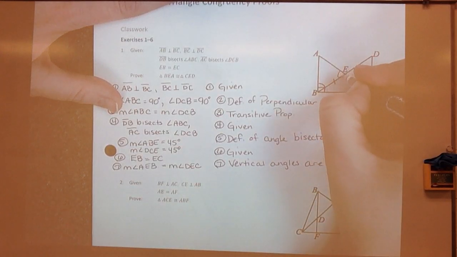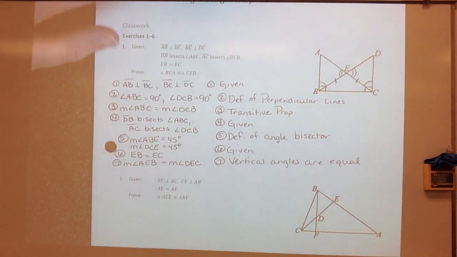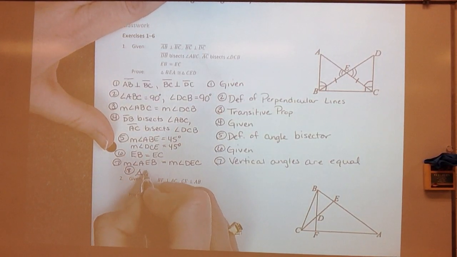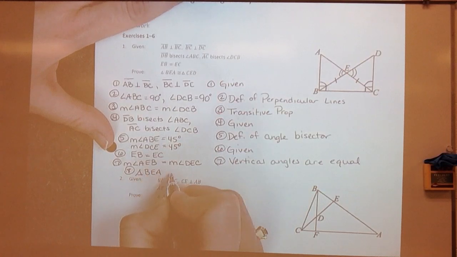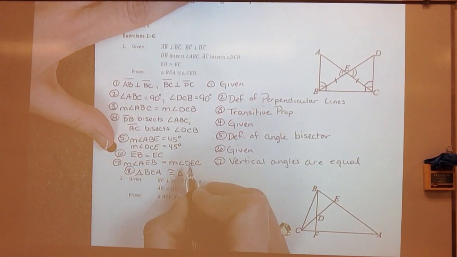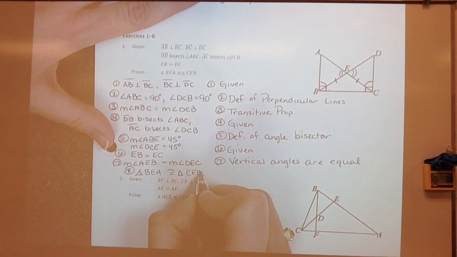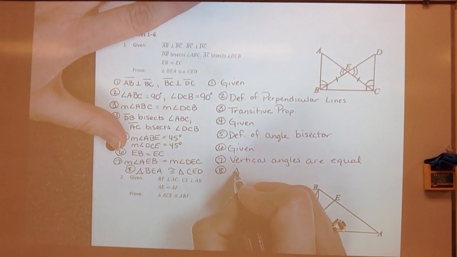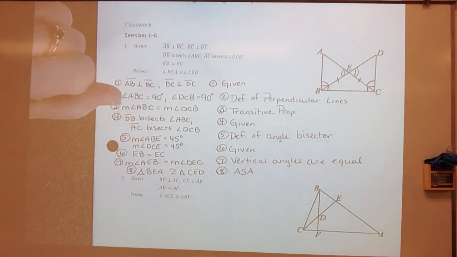So we've now proven another angle. So do I have enough information to prove this triangle congruent? I do. Triangle BEA is congruent to triangle CED. Why? By angle, side, angle.